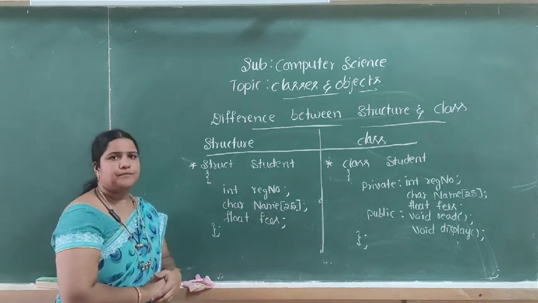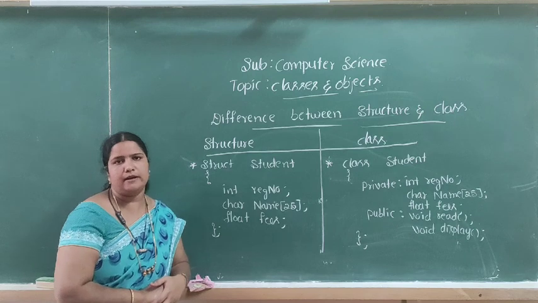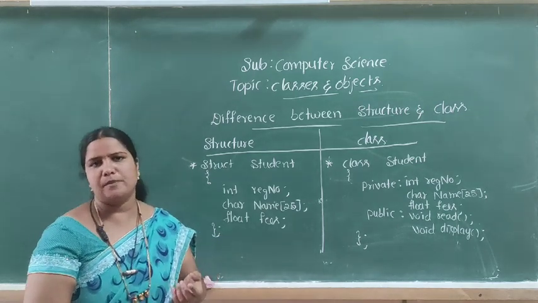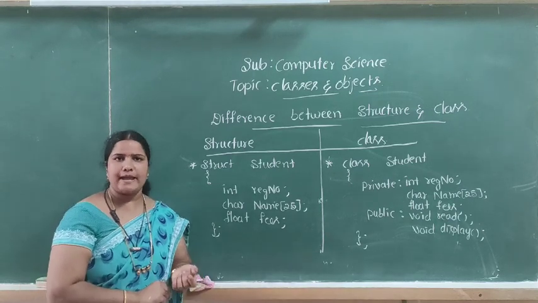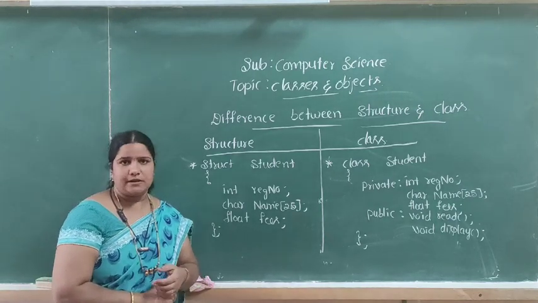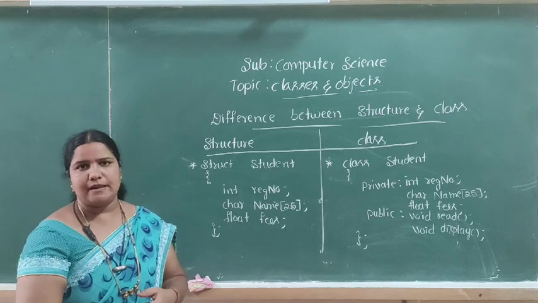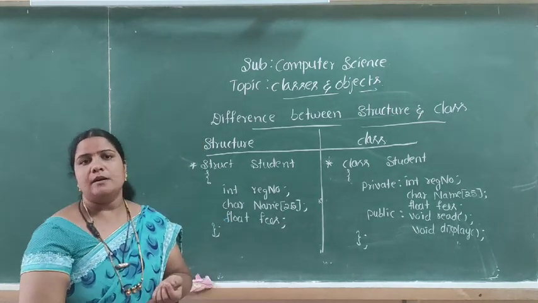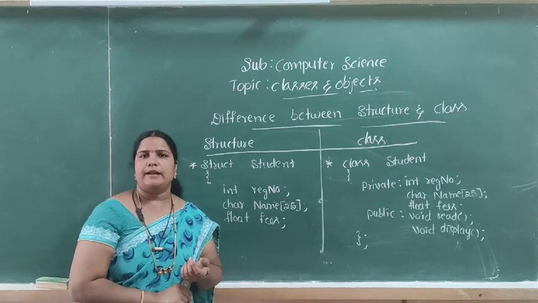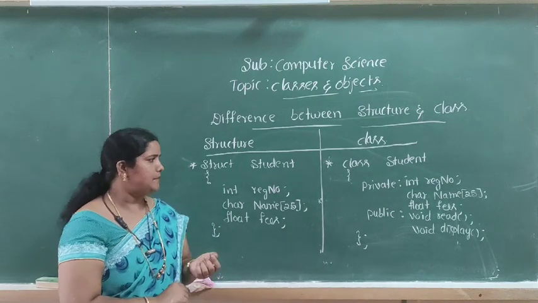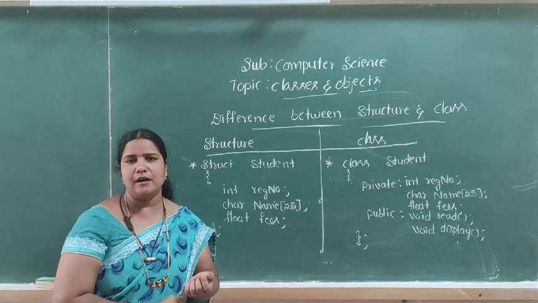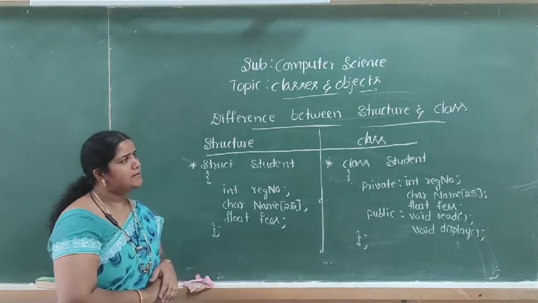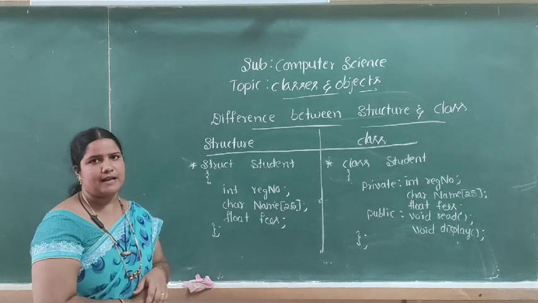The general format of a structure contains struct, structure name, then data type member 1, data type member 2, up to data type member n. A class declaration contains class, class name, and the access specifiers private, public and protected. Private is used to declare the data members, and the public section is used to declare the member functions. So these are some differences between structure and class.